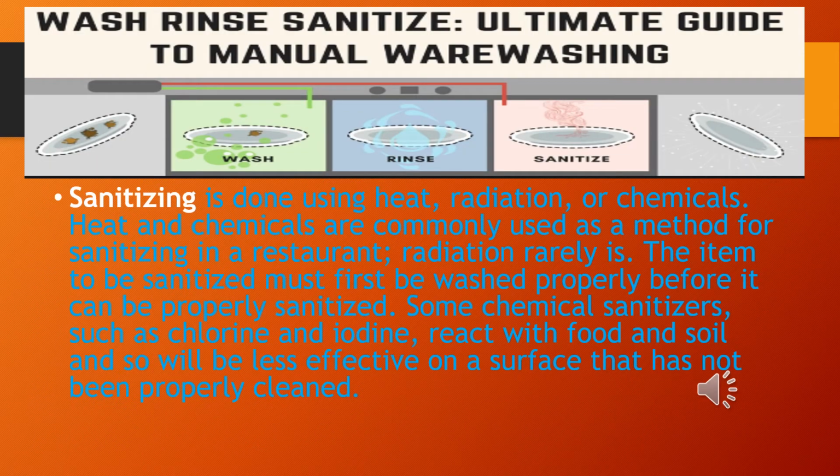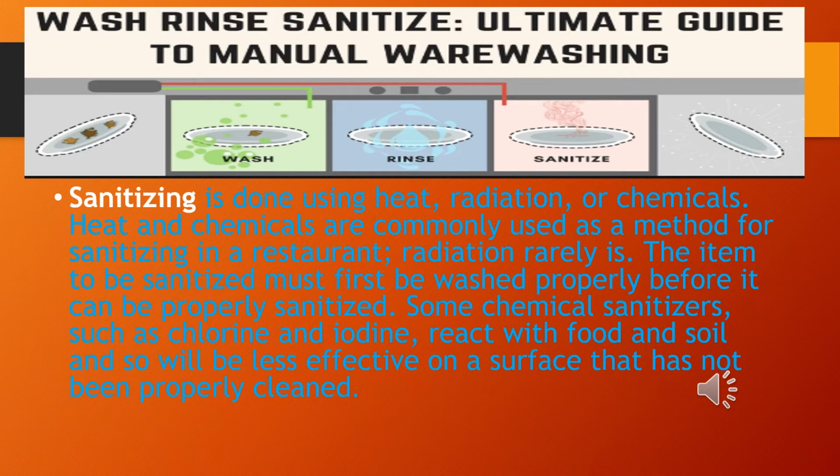Now let's go to sanitizing. As you can see on top, we have Ultimate Guide to Manual Ware Washing. So what is sanitizing? Sanitizing is done using heat, radiation, or chemicals. Heat and chemicals are commonly used as a method for sanitizing in a restaurant.